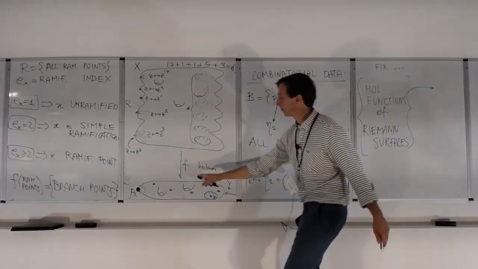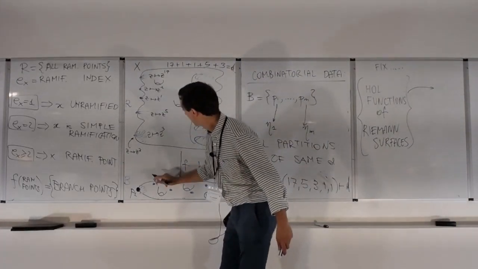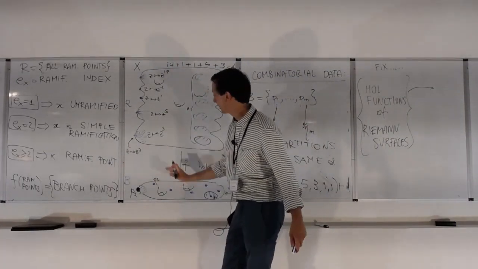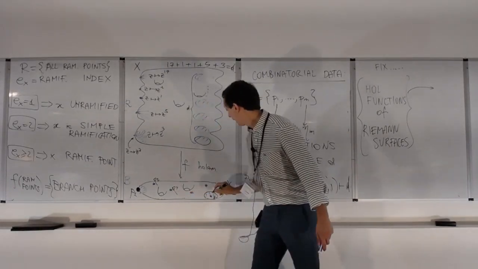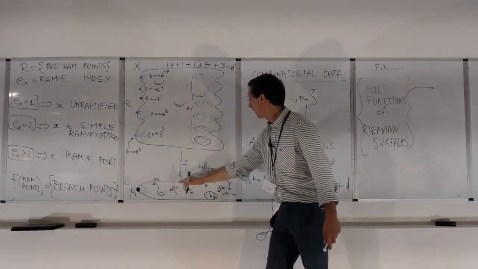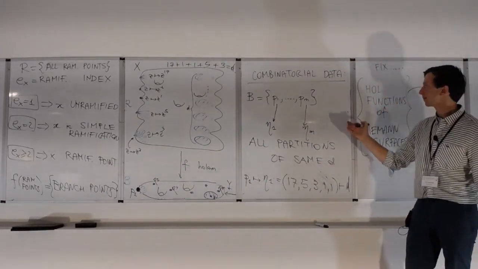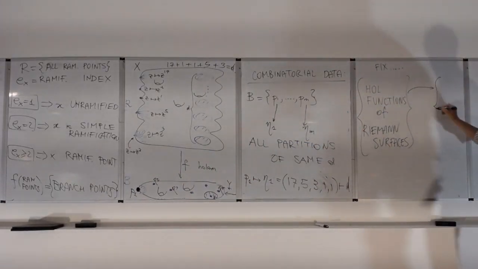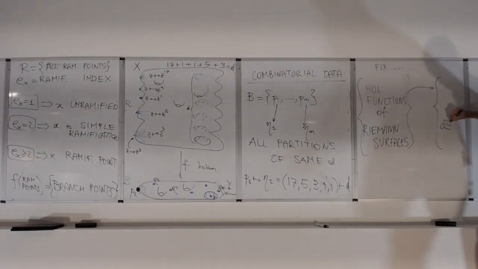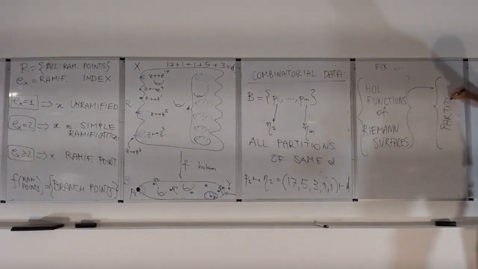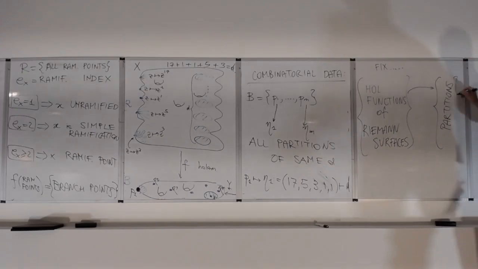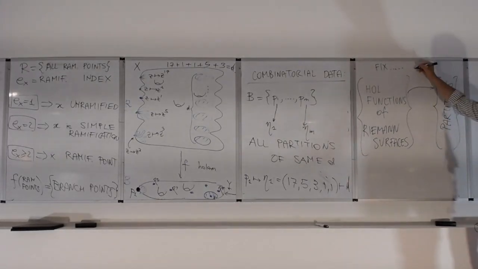Then I go to the second point, P2, and look upstairs; there will be another partition. Then I look at P3, up to Pm, and I collect all of them. So at the end, I have just m partitions. This is possible because of the local normal form.